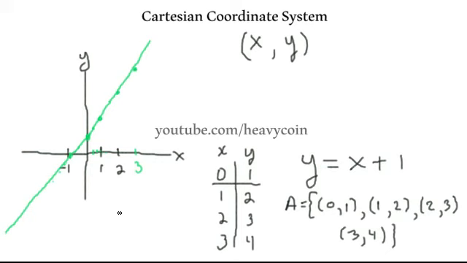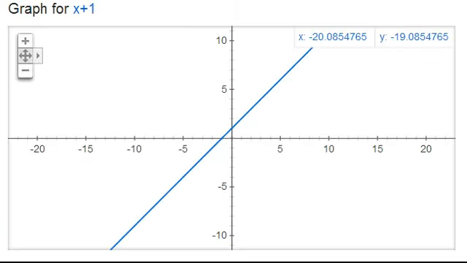I think what I'll do next is actually show a graph. We're going to use a Google graphing calculator. Let me bring that up. Okay, so what I did was go up to the address bar in my Chrome web browser and just typed in x plus 1, and this is one of Google's graphing tools. It's great for graphing.